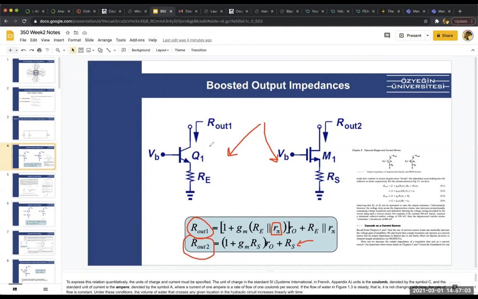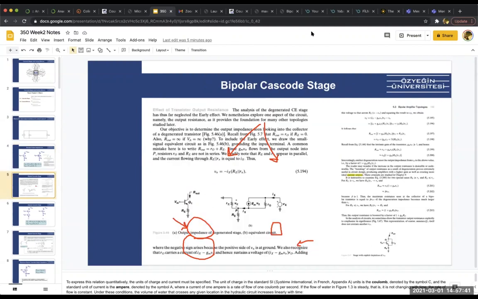As we discussed in the beginning of the lecture, to get a good current mirror, we want this R out to be infinite. The derivation for the R out here for the BJT is at the right. For the CMOS, you can also find it.